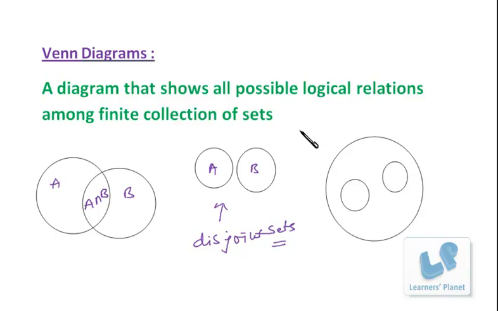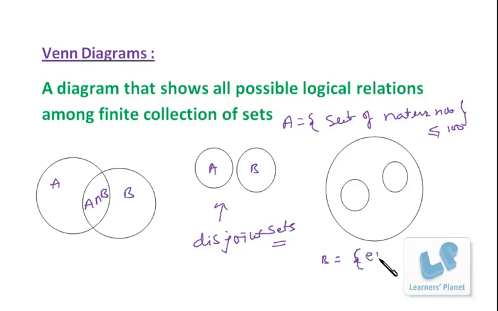I take an example, suppose A is the set of natural numbers less than or equal to 100. Now set B, even numbers less than or equal to 100, and set C, odd numbers less than or equal to 100.